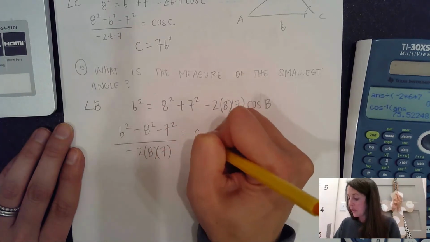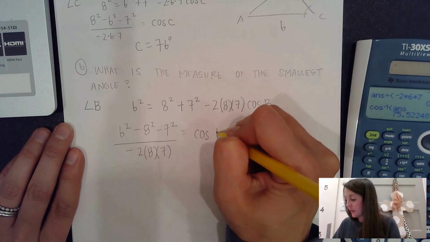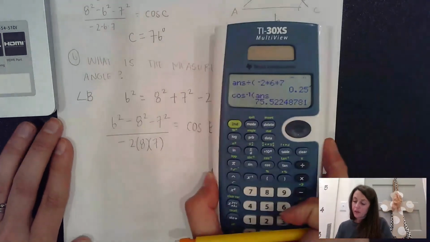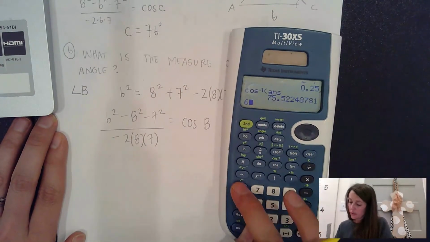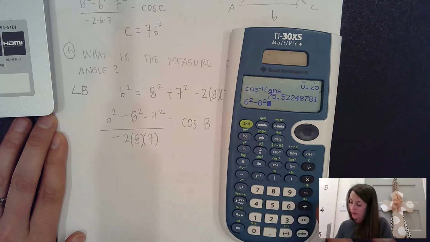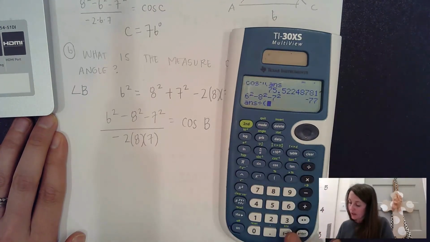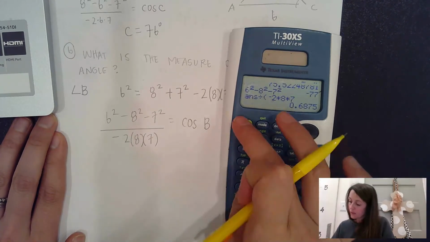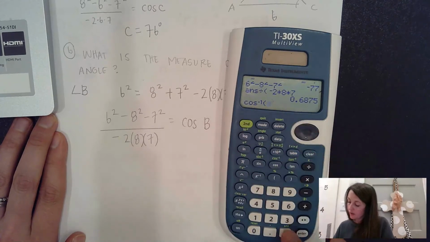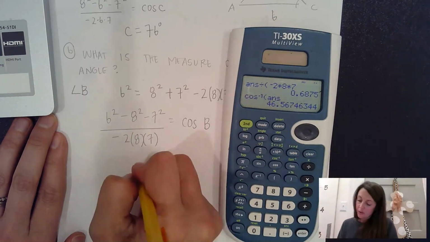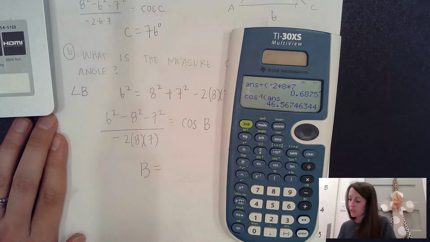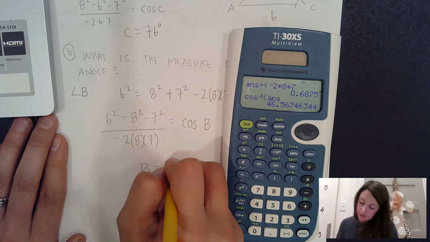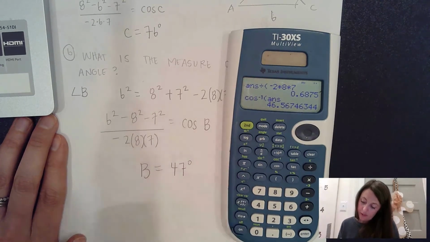And then once we do that, we'll take the inverse cosine of that ratio. So 6 squared minus 8 squared minus 7 squared divided by negative 2 times 8 times 7, and then inverse cosine of that answer. So angle B is going to be 46.6, so 47 degrees.